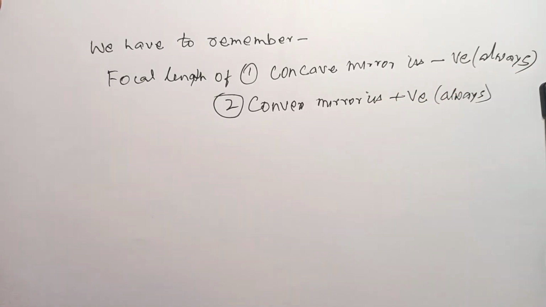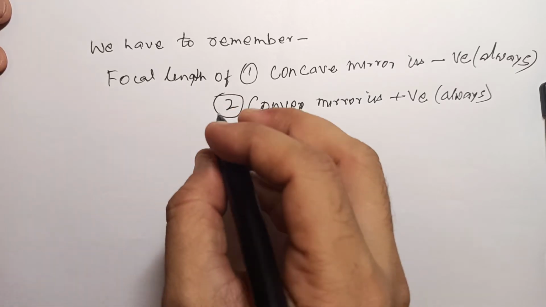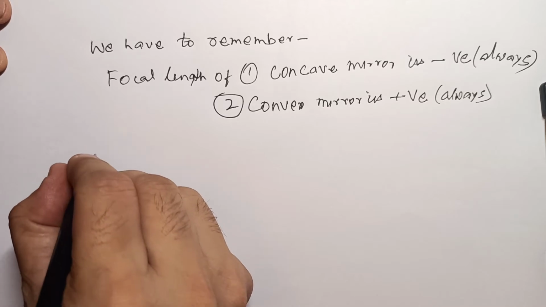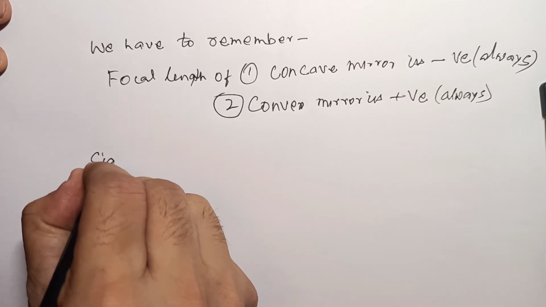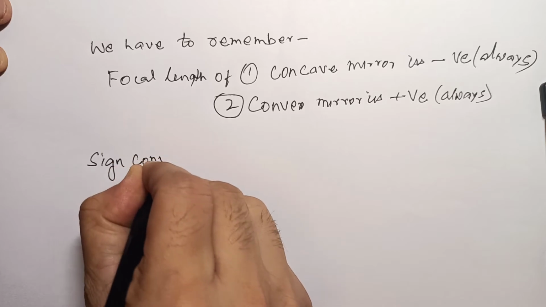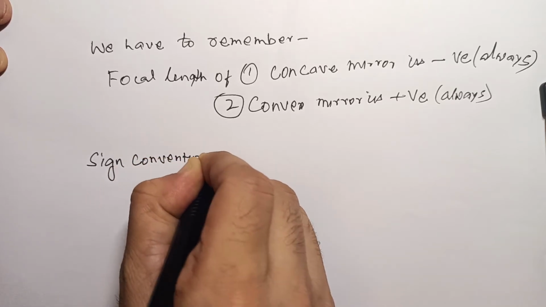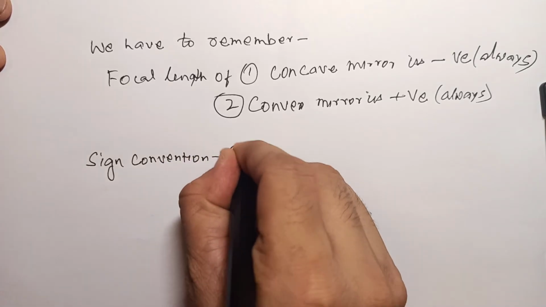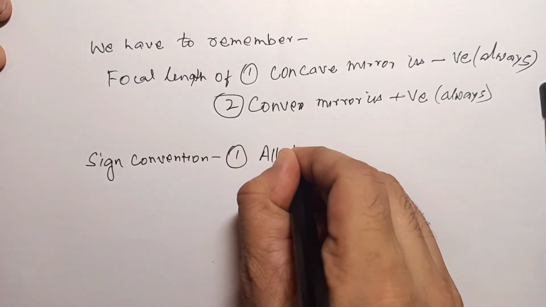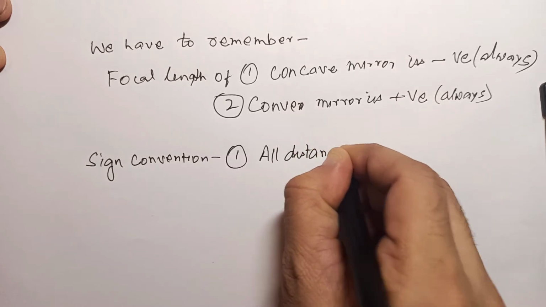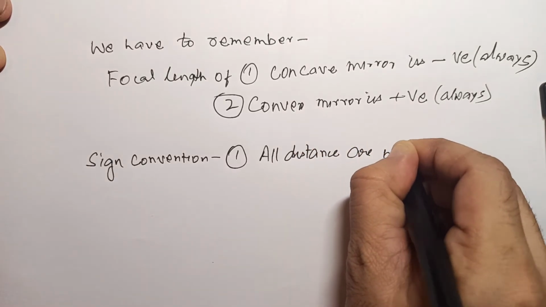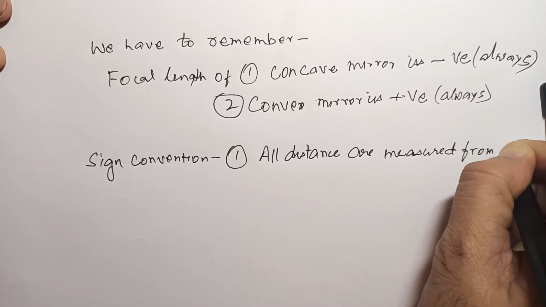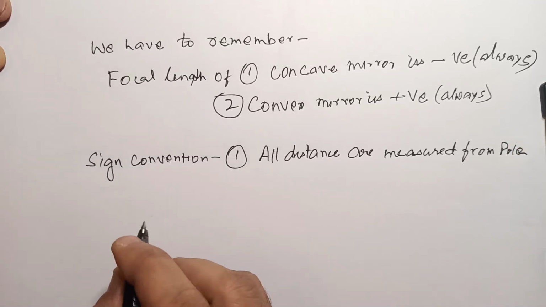First thing. Second thing, for sign convention, one, all distances are measured from pole.